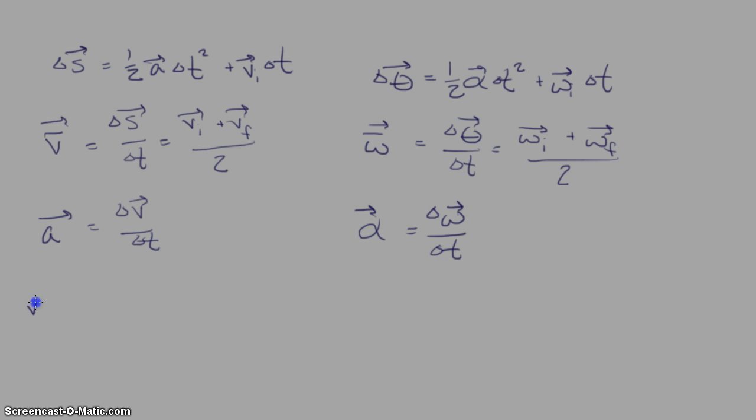And finally, everybody's favorite, VF squared equals VI squared plus twice A delta S. Or final velocity squared equals initial velocity squared plus twice acceleration times displacement.